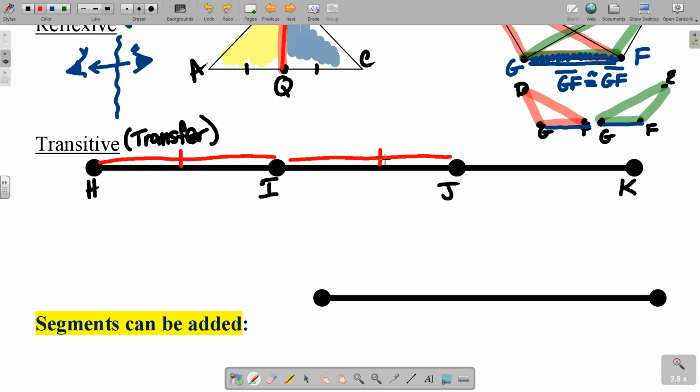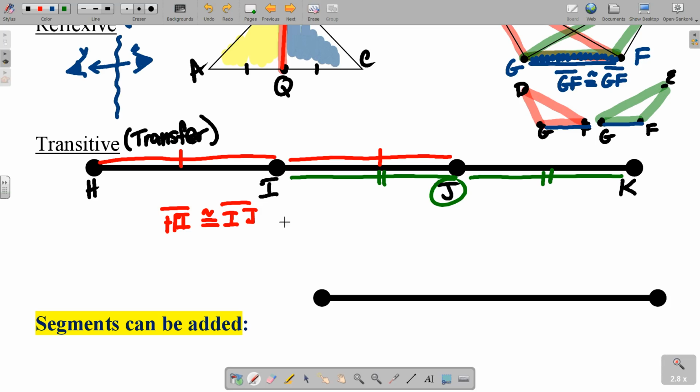In other words, I is the midpoint of HJ. So H to I is congruent to I to J. Let's say J is the midpoint of IK, so this is also true.